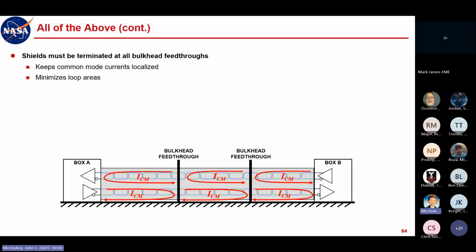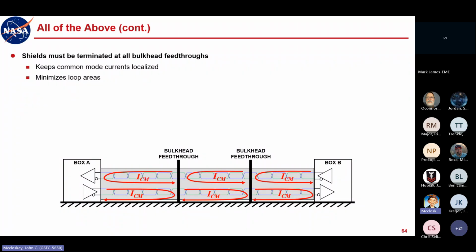I'm not going to go through the calculation at this point, but if you terminate those shields at each of those bulkhead feed-throughs, now your resonant length is 1 meter, and it pushes the resonant frequency up. And at higher frequencies, it gets harder and harder to generate radiated emissions by accident. Not impossible, but as you make things shorter and push those resonant frequencies up, it generally helps.